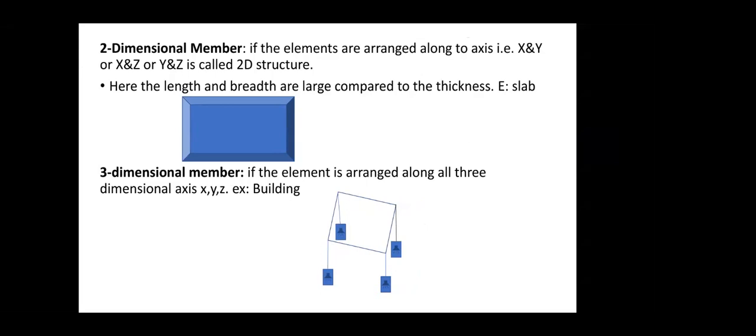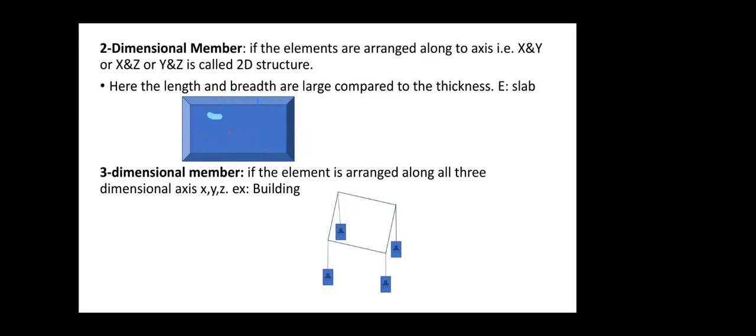Here the length and breadth, for example, look here. This length and this width are large compared to this thickness. That is the reason I can call this solid slab a two-dimensional member.